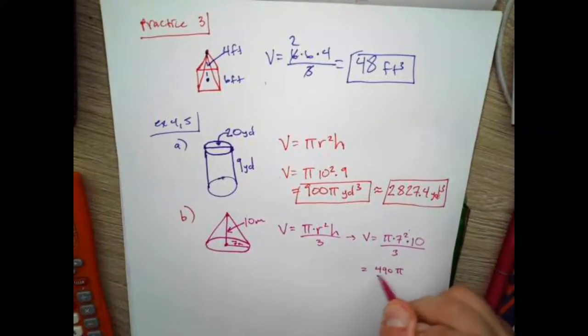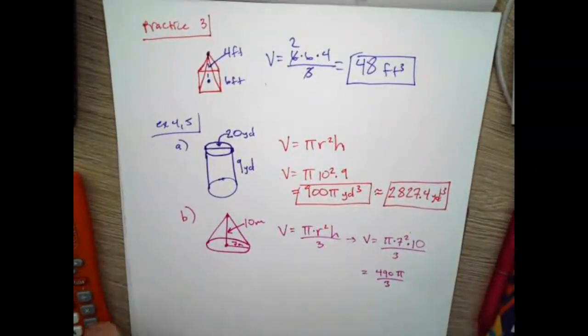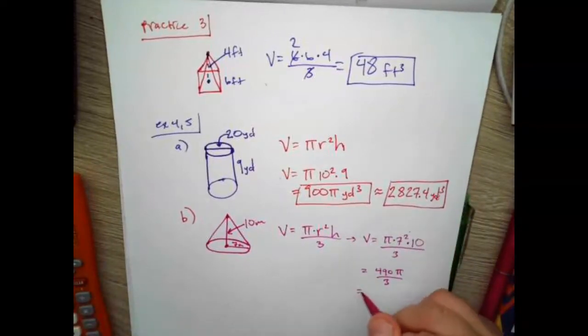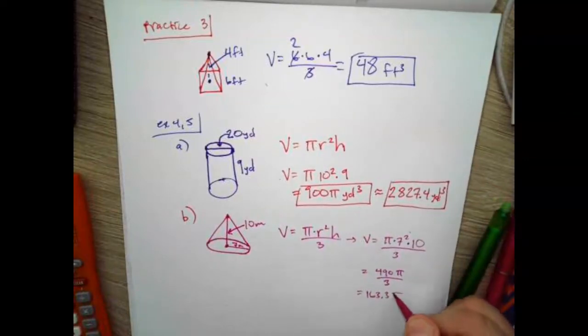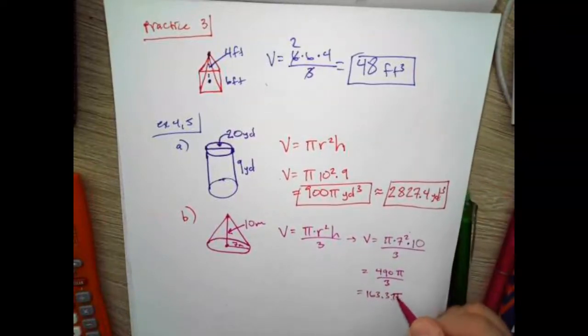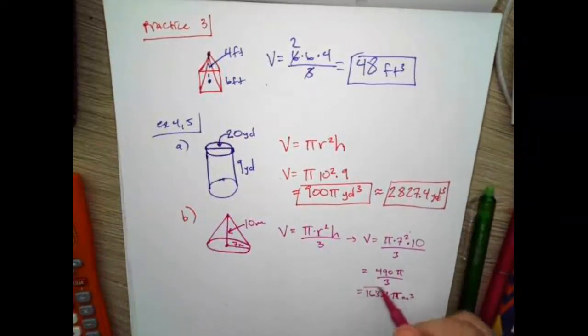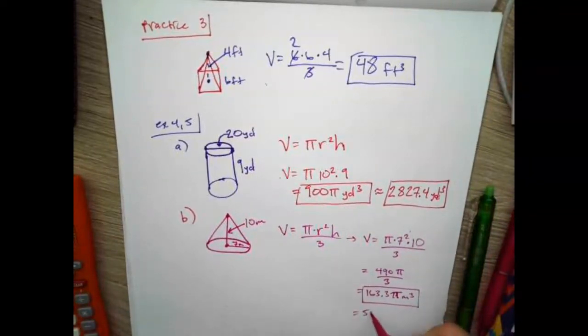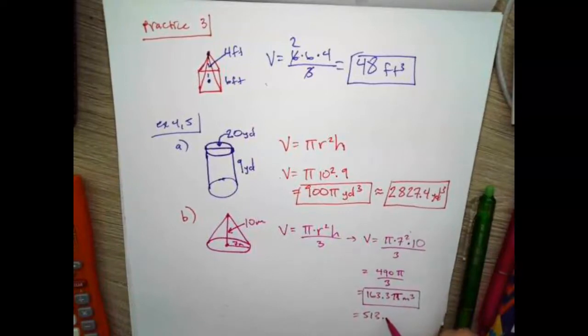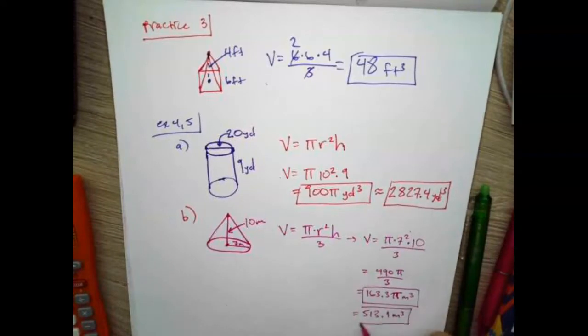So we'll have 490 pi divided by 3. 490 divided by 3 is 163.3. So we have 163.3 pi cubic meters, and multiply by pi to get the decimal answer, 513.1 cubic meters.